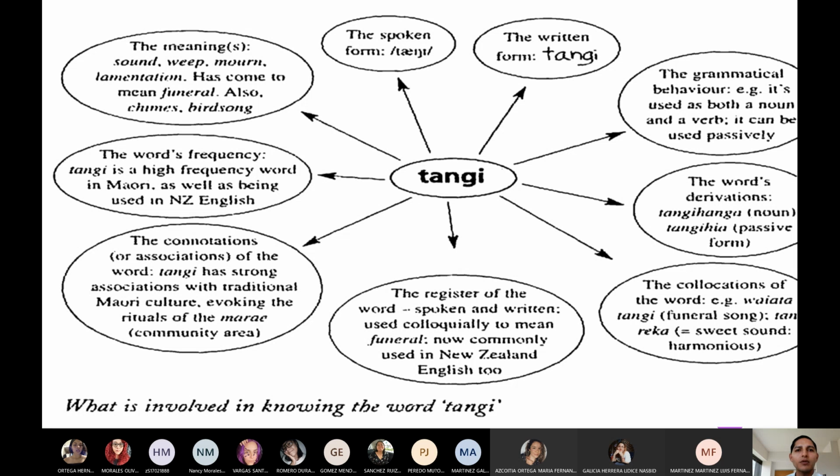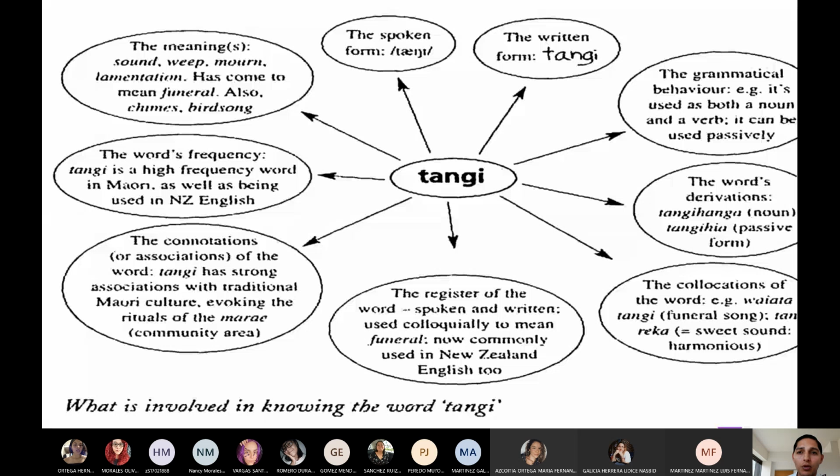Students need to know the spoken form, that is, how to pronounce it according to the International Phonetic Alphabet. So it's a very good tool, it's a very good strategy to go and study the International Phonetic Alphabet and to use online dictionaries that provide the pronunciation, the stress, the intonation, and an example of how to use the word.